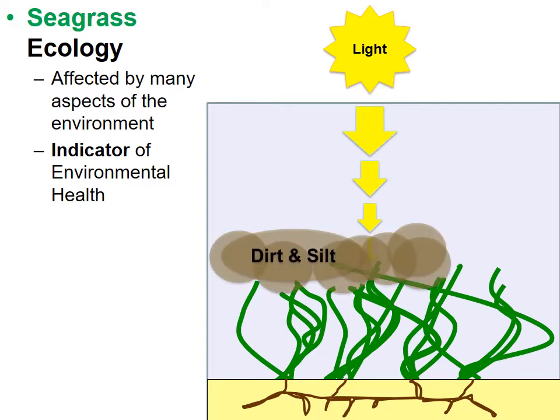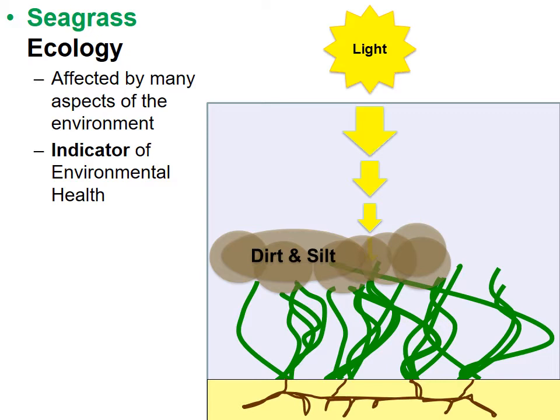Dirt and silt. Suspended sediments is another name for this, and it can be measured as turbidity. Dirt and silt in the water might be stirred up by animals stirring up the bottom or from boats passing by or waves. It could also be washed in from rivers and runoff from deforested areas or parking lots.